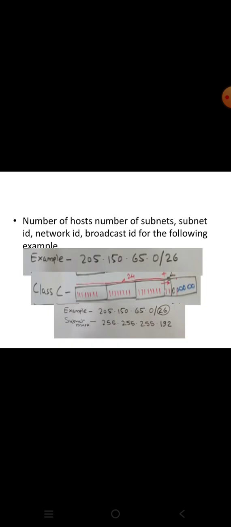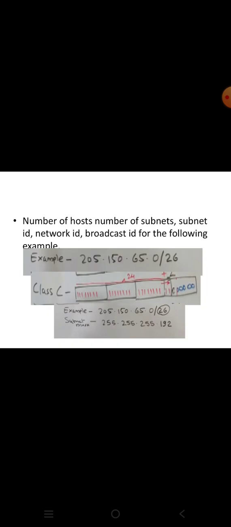So the subnet mask will be 255.255.255 and the last octet will be 11000000, since 24 plus 2 is 26 bits in total. Here 11 means 128 plus 64, which gives you 192.